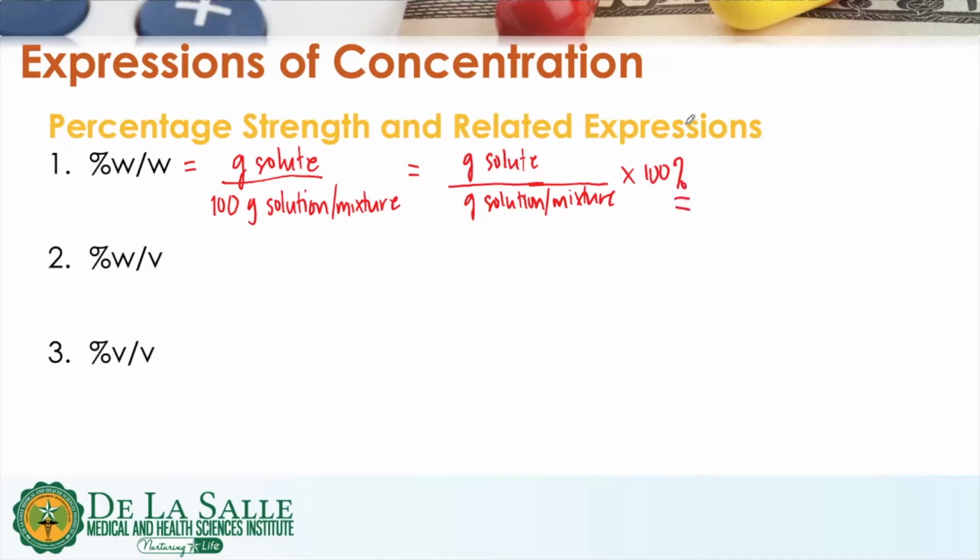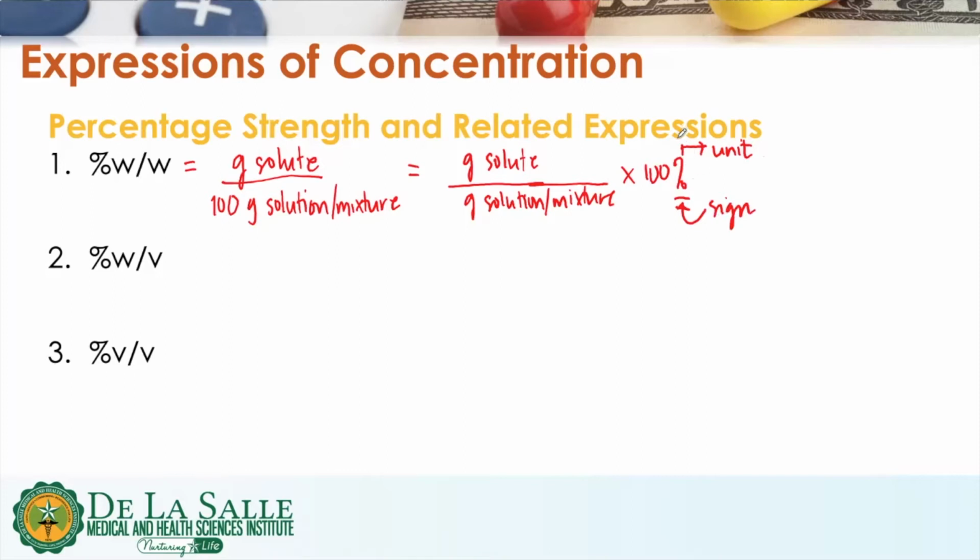But remember, this percent is a unit. It is not used in any calculation. When you plug in your calculator 100%, including the percentage sign, then it will be equal to 1.